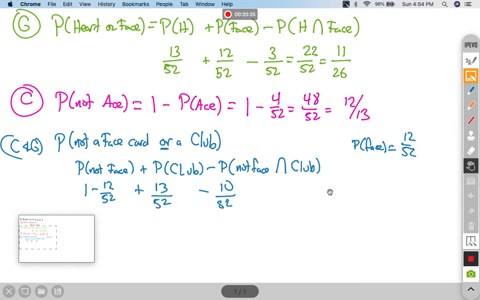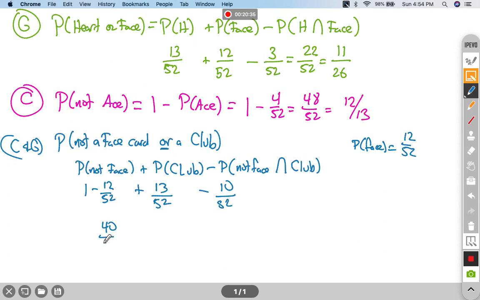It's almost more confusing on this problem to do it this way than it would be just to make the sample space. I don't know, maybe not. So this was 52 minus 12 is 40 out of 52, plus 13 out of 52, minus 10 out of 52, is going to be 43 out of 52.